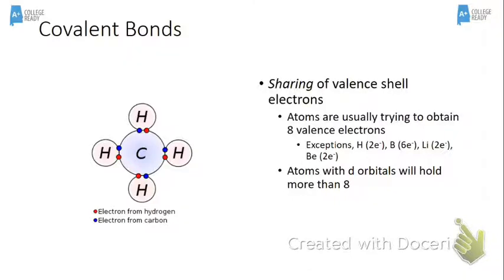Now there are some exceptions to this rule, such as hydrogen, boron, lithium, and beryllium, and there are actually a lot more exceptions to the rule than the ones that follow. Any atom that has a d orbital has the capacity to hold more than 8 electrons. So that's typically elements phosphorus and beyond, which will tend to do that.